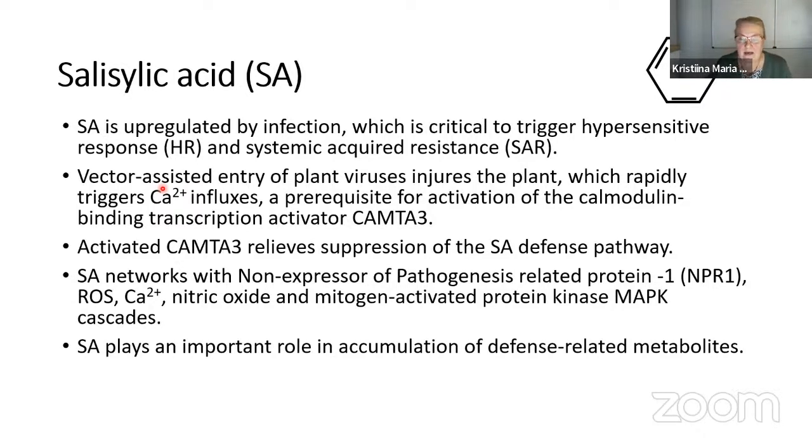So there is induction of this salicylic acid dependent defense.